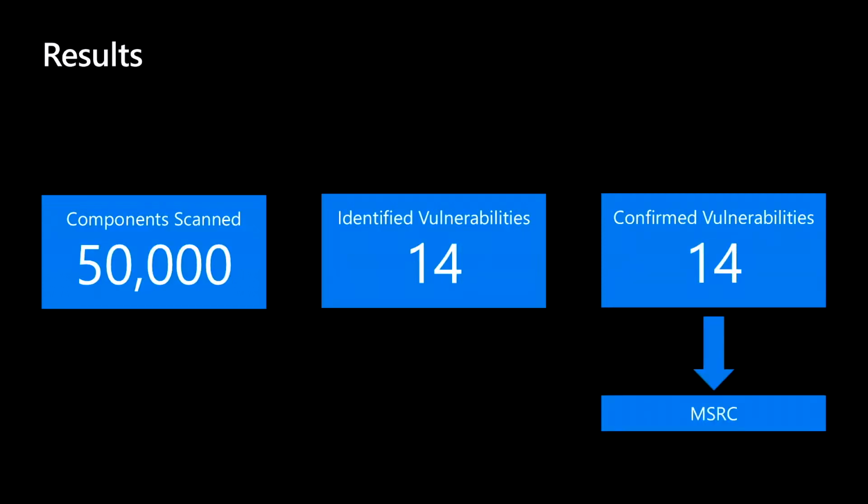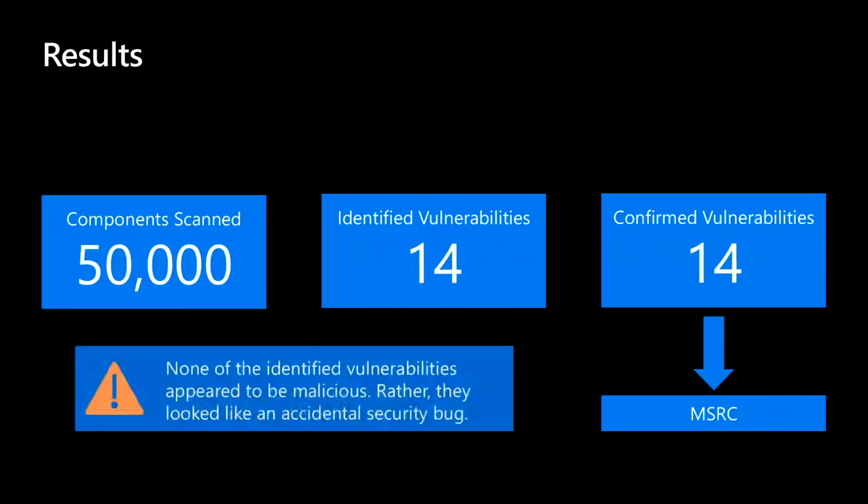Working with MSRC, getting the authors notified and fixed and all of that. There's a really good takeaway here, though, and that is that none of these appeared to be malicious. The difference between a backdoor and a vulnerability is kind of intent. I can't really infer intent from static analysis too well.